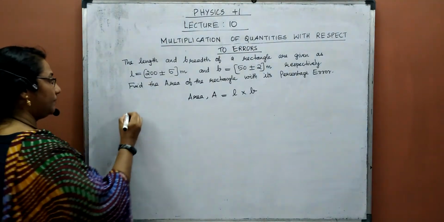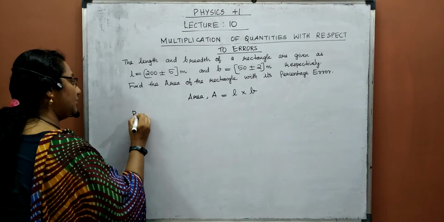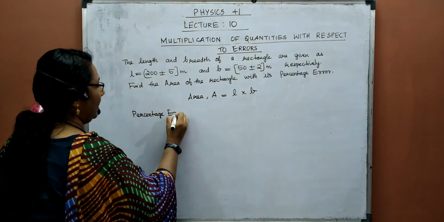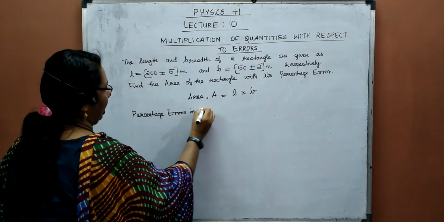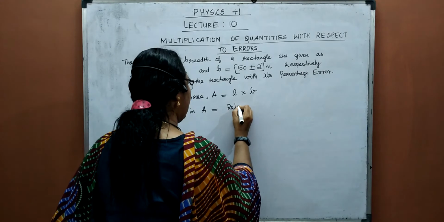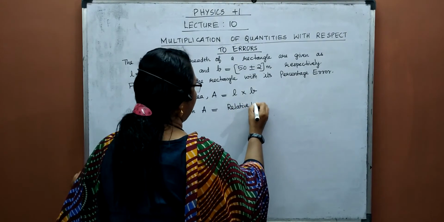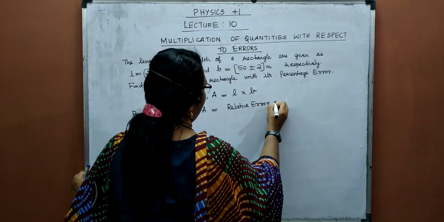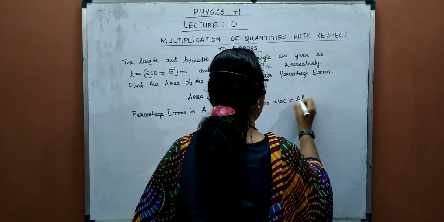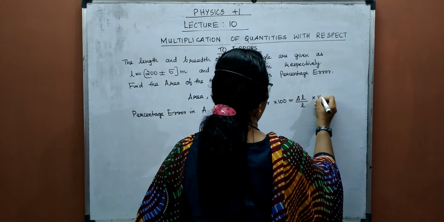So how to take the percentage error? We will write the percentage error is equal to relative error into 100, that is delta L by L into 100.